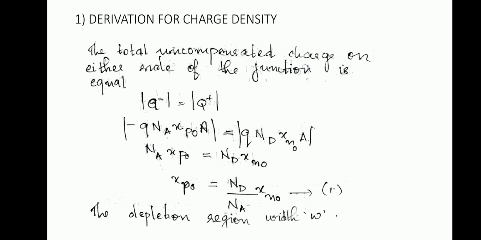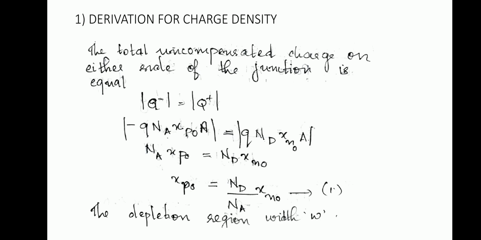Our first derivation is the derivation for charge density. We already said that the magnitude of charge on either side of the junction is equal. So we can write modulus of Q minus equals modulus of Q plus.